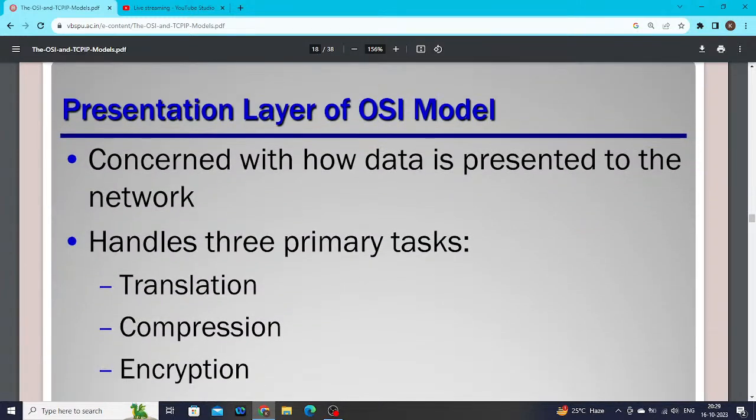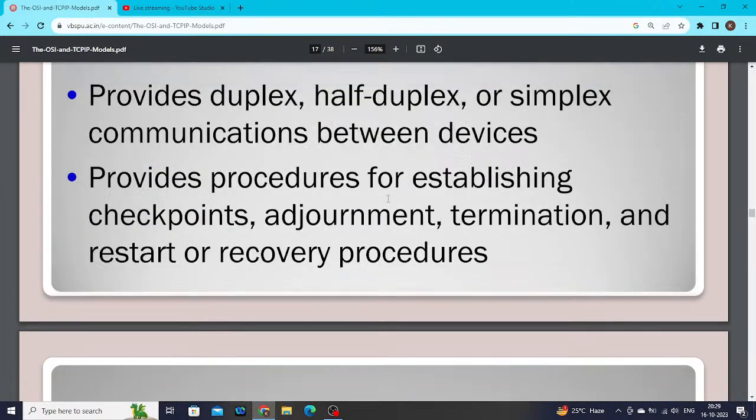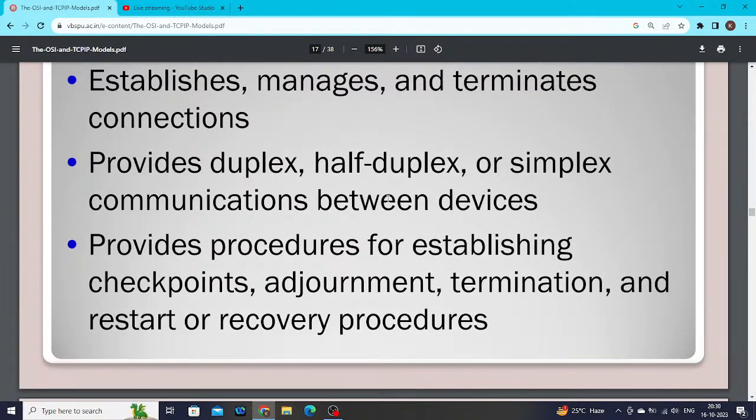Presentation layer of the OSI model. Firstly we have to understand simplex, full duplex, and half duplex. Simplex means your connection between source and destination goes in only one direction. Half duplex means data starts from the source node to the last node, and both sides are connected to each other.